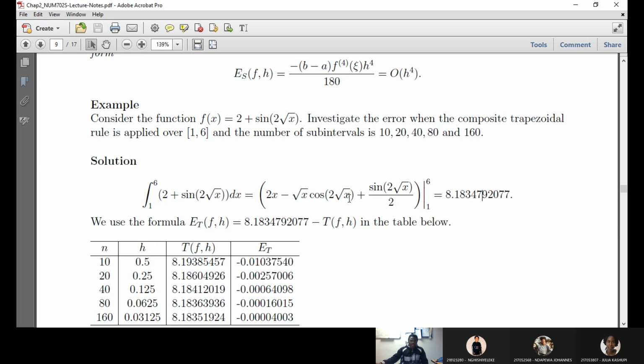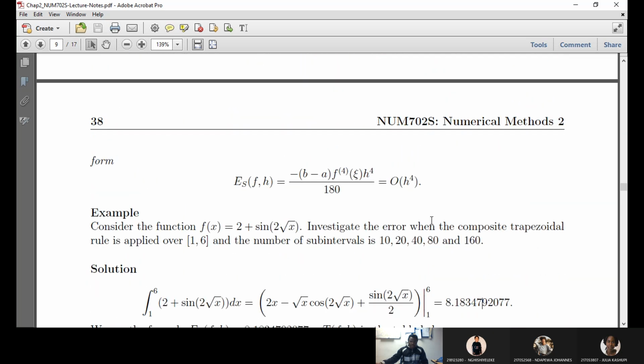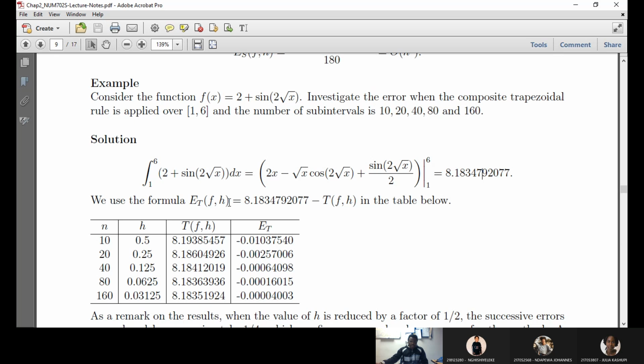Okay, so now we can use this formula. Which formula are we using here? Trapezoidal. Now, you know that the definite integral is the rule plus the error term. So from that formula, we can extract the error term. We can write the error term as the definite integral, which is this value, minus the rule. So that is our error term.